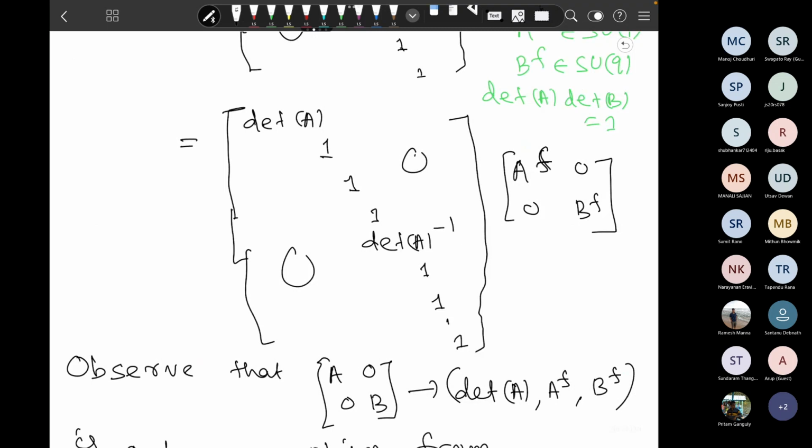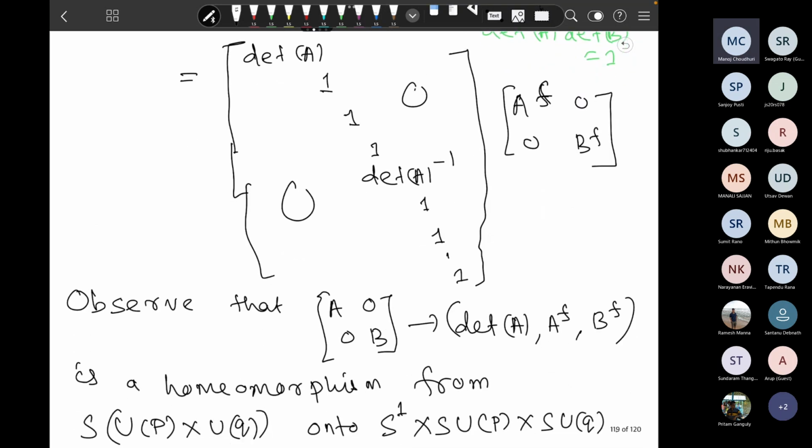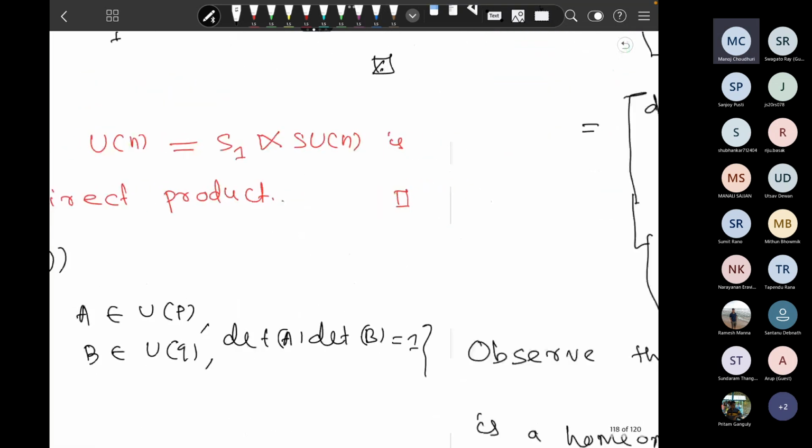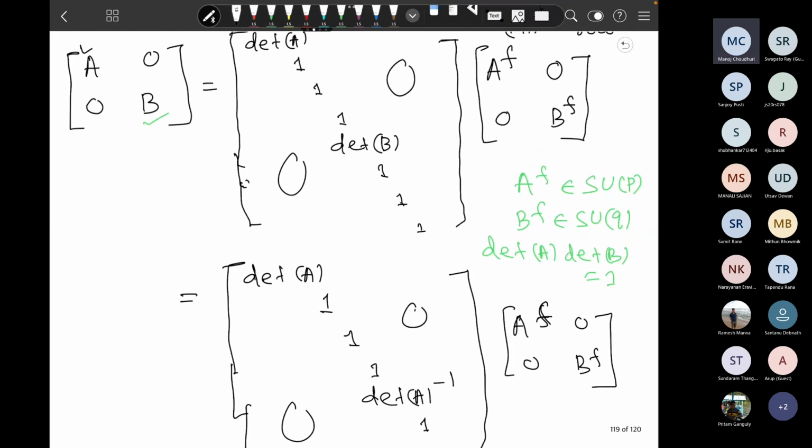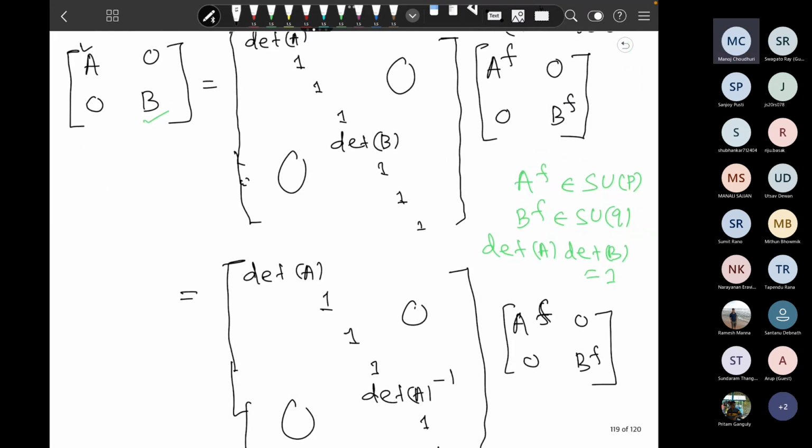Again, you are using that expression, determinant A, 1, 1, 1. Actually, I am not bothered about whether the group structure is a direct product or semi-direct product.